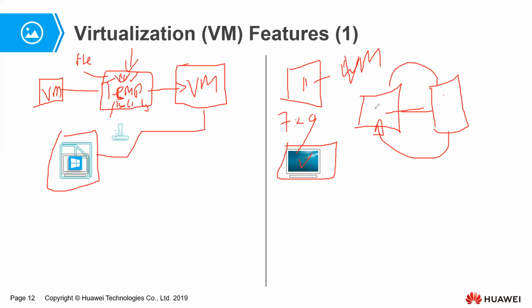The IP address, the assigned MAC address and everything will be the same. So if you start both of them, you will conflict on your network and they cannot run at the same time. So what you do, you shut down this one, reconfigure or change the settings of this one, and then you're able to run them at the same time. So this is what we are calling cloning.